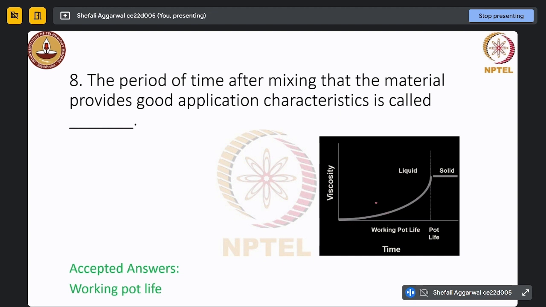So after mixing, the time till which the material is providing good application characteristic, where our concrete or any material is still in liquid state, that time is called working pot life. As in concrete systems we say setting time, working pot life is the general term for this.